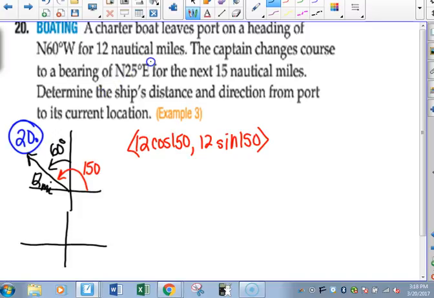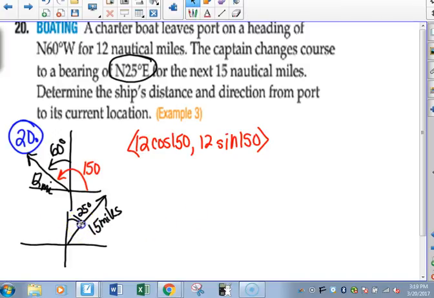And he goes a bearing off of north 25 degrees towards the east. Okay, the 25 is between the north and the path towards the east. And he does this for 15 nautical miles. Now, if we were actually doing the other method, you would have to move this to the end here to see where he winds up, okay?